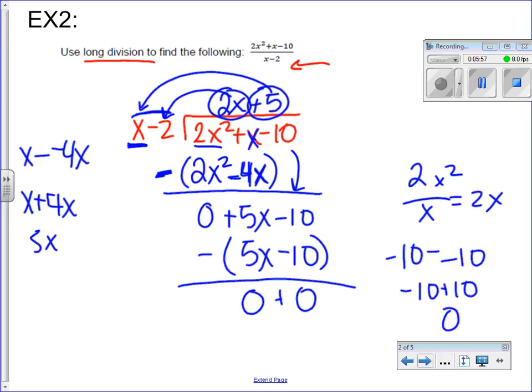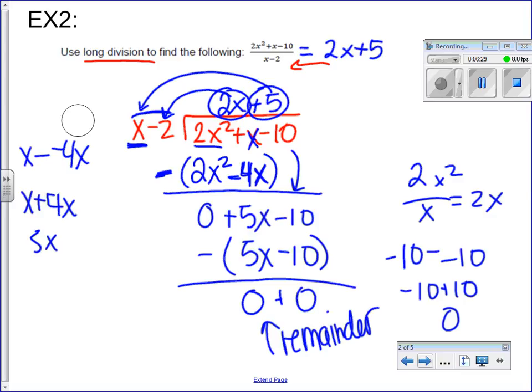Okay, so what we just determined is that x minus 2 goes into 2x squared plus x minus 10 evenly. What you get when you divide them is 2x plus 5. There's no remainder because this is where the remainder would be. So what this also means, like we just wrote for the last problem, is a few other things.